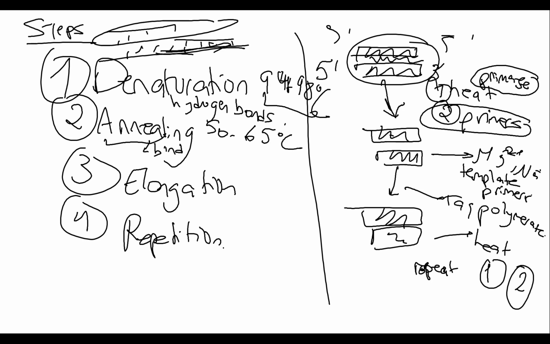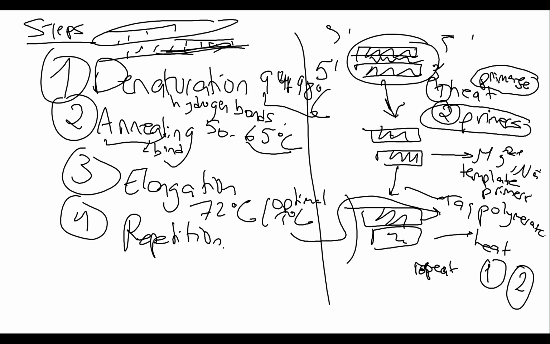In the elongation, the temperature is then raised from the 65, it will be raised to 72 degrees Celsius. Why is it raised to 72? Because this 72 degrees Celsius is the optimal temperature of who? Of the Taq polymerase. So that's why we increased it, because Taq polymerase is thermostable, means it needs a high temperature to function. The minimum temperature that this Taq polymerase is able to function is the 72.